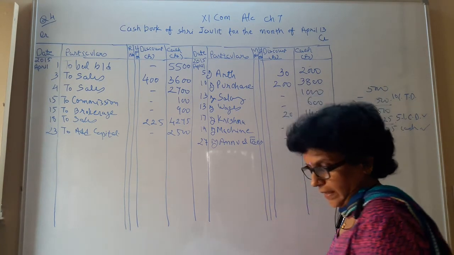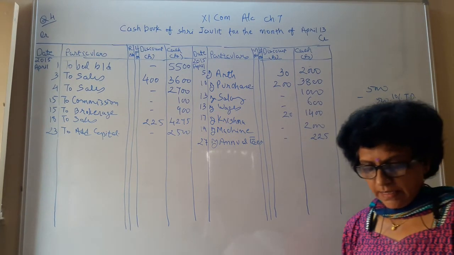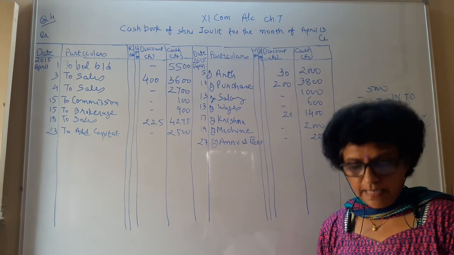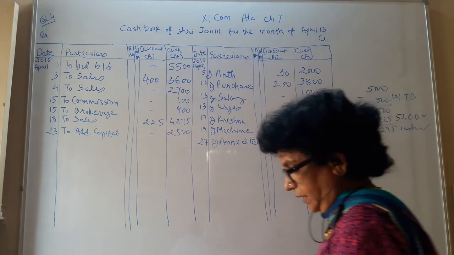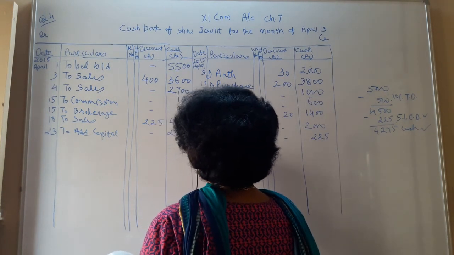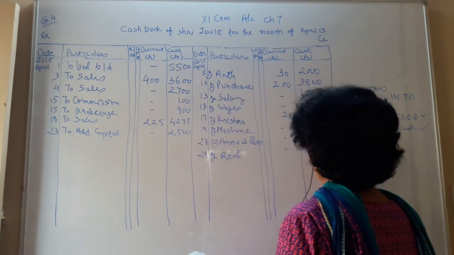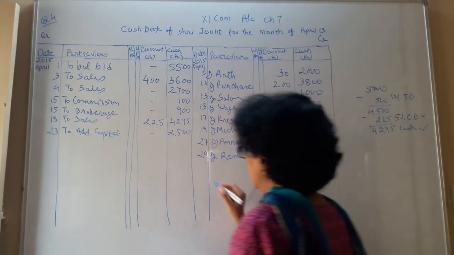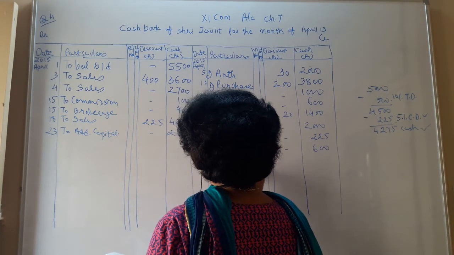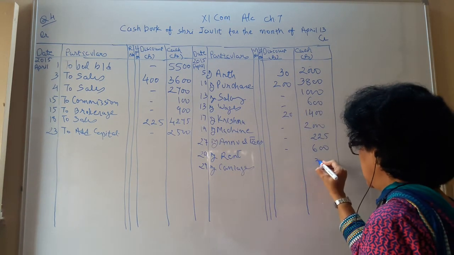Going down, rent of 600 paid by cash and carriage of 300, that is also paid by cash. So both payments are to be recorded here on the 29th. By rent you have paid rupees 600, write in the cash column, and then carriage, that also is paid by cash, that is rupees 300.